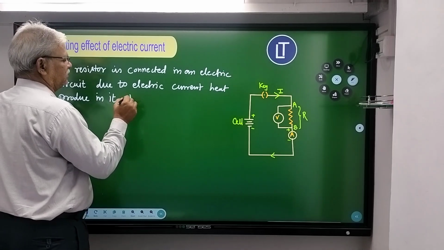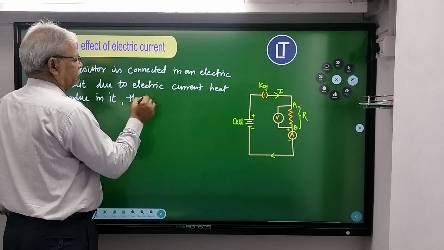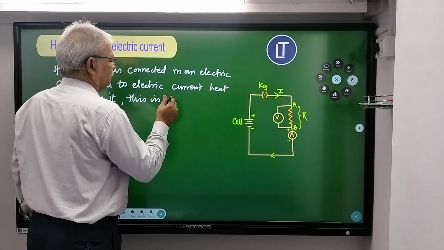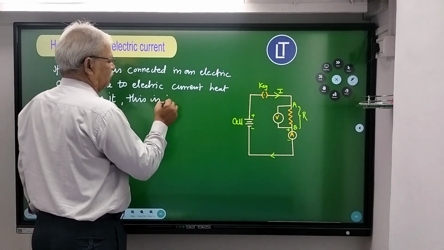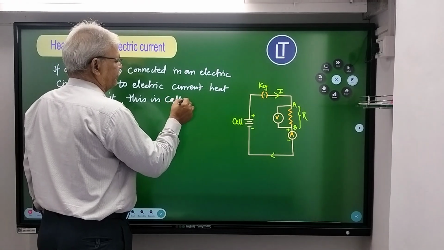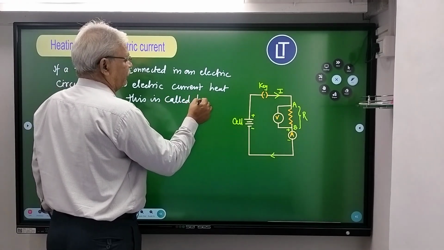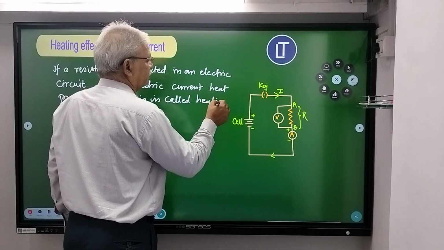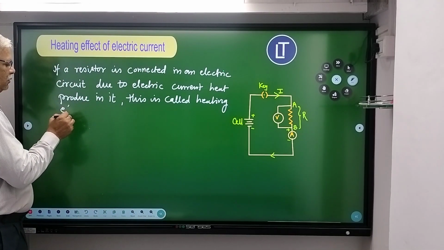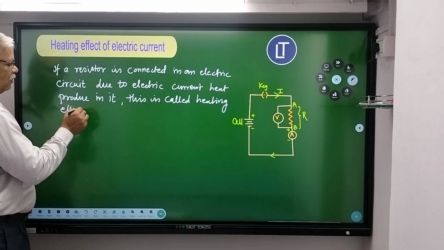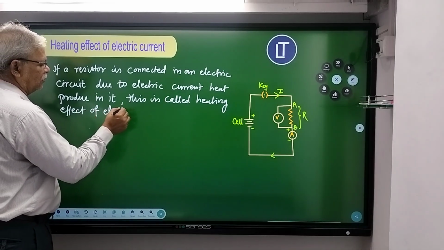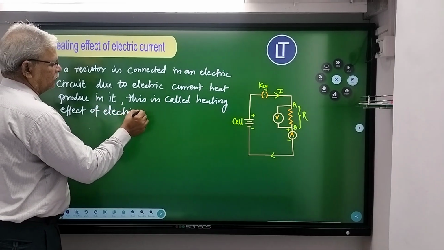This is called heating effect of electric current.